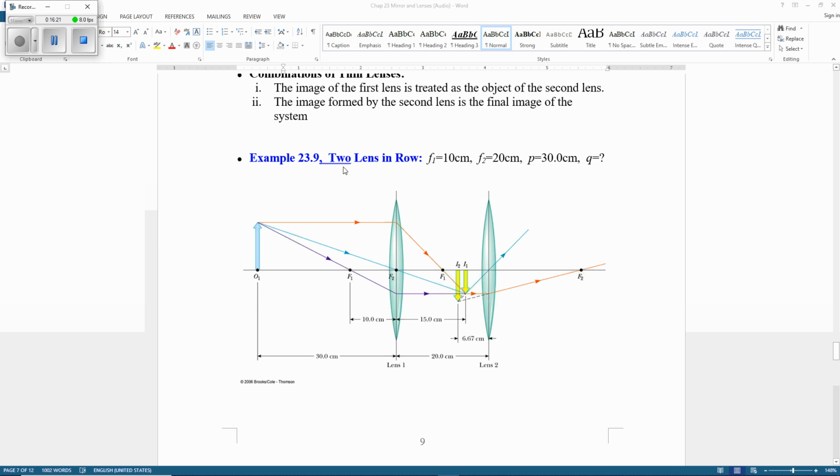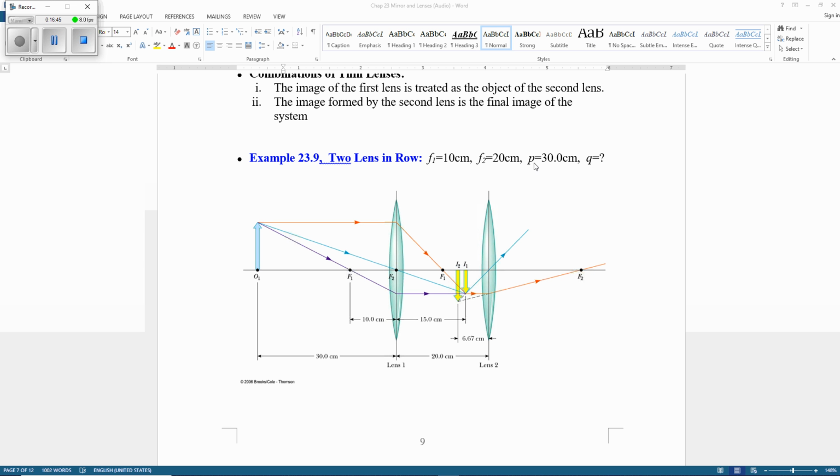Okay, in our textbook, we have an example with two lenses, both converging lenses. The first one has focal length equal to 10 centimeters, the second one equal to 20, and the object, this will be P1. Okay, we can call it P because it's for the whole system.